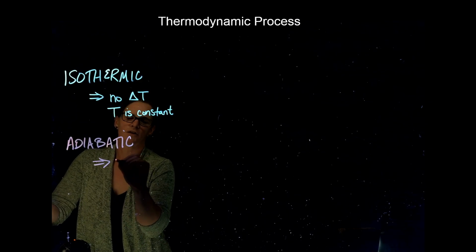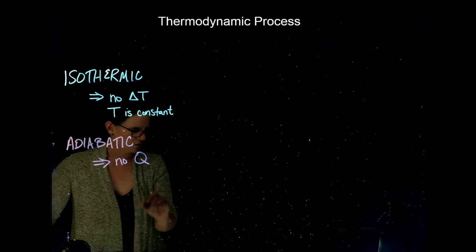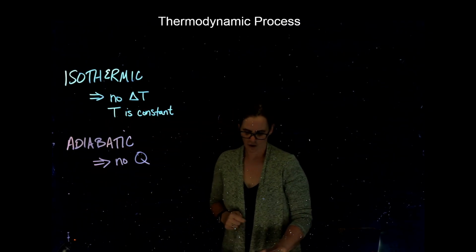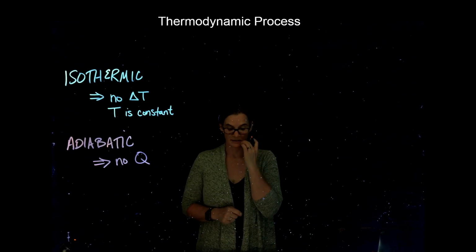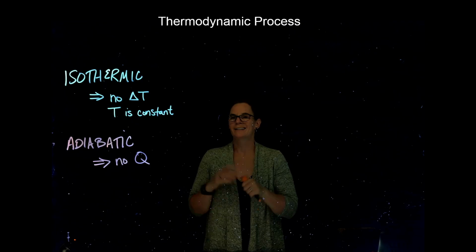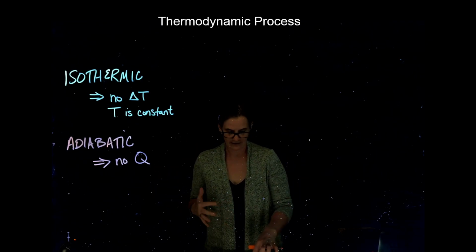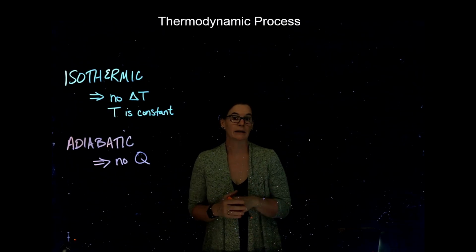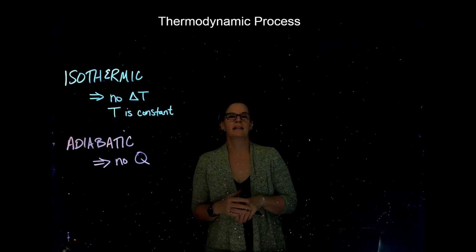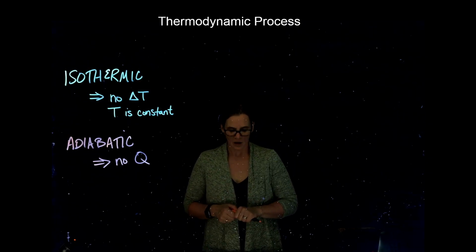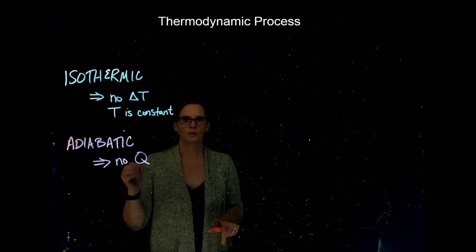No heat is allowed to flow into or out of the system. So how does this happen? Well, if we have a rapid expansion of gas, for example, in a combustion engine, this is an adiabatic process. So what implications does it have if no heat is added in?